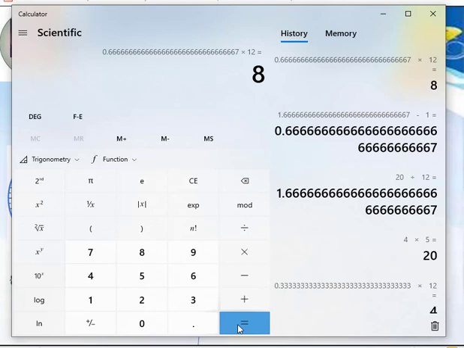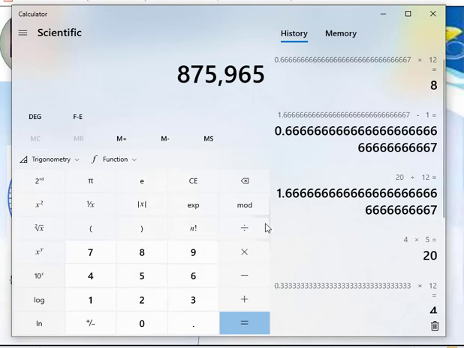So let me take a much bigger number. Let's say, let me just make up a number here. Let's say 87596. What modulo? Let's say these are the days of a particular year, and we are counting them in terms of hours.